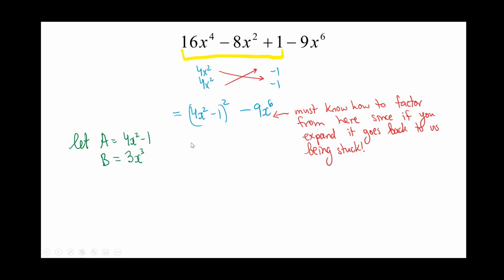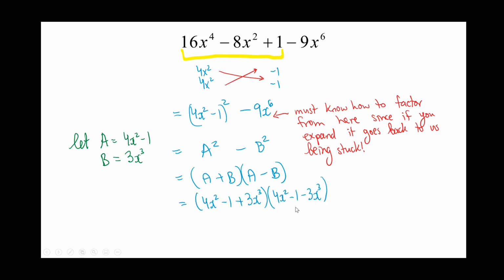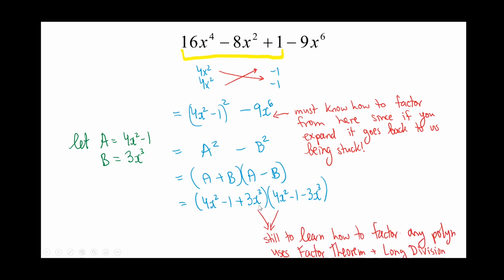If you were to use just a's and b's, it's going to look like this, and that's the format for difference of squares. Then you must go back to what a and b represented using x's. So here's the result. And for each one of these trinomials, the variable pattern will not match for you to actually factor with trinomial methods. However, you will still be learning eventually how to use the factor theorem and long division to factor this type further.